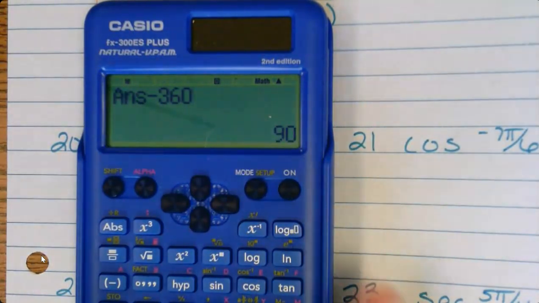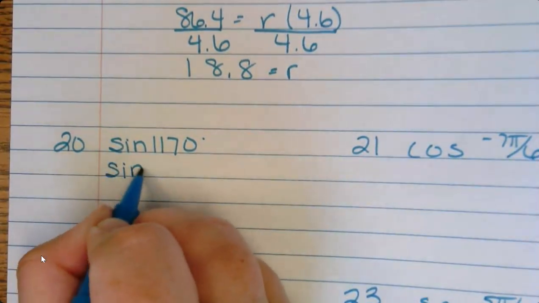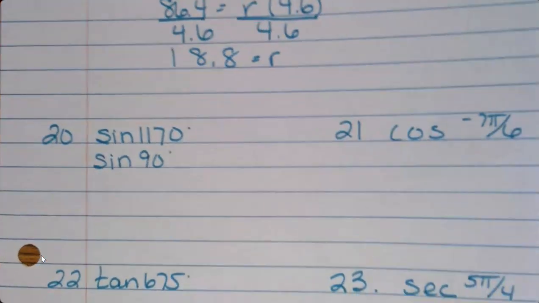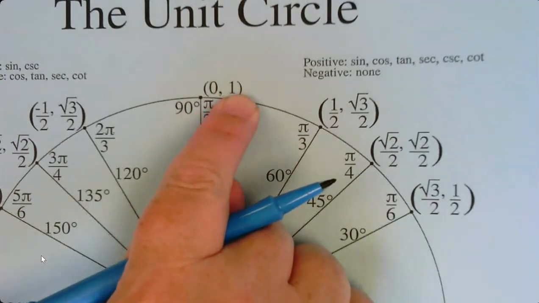Again, one more time, 90 degrees. So this is like saying sine of 90. So we'll grab our unit circle. Remember, sine is alphabetically second, so the answer is 1.